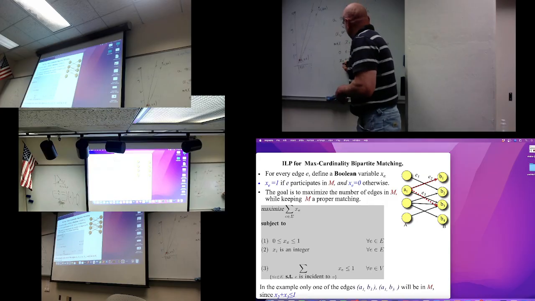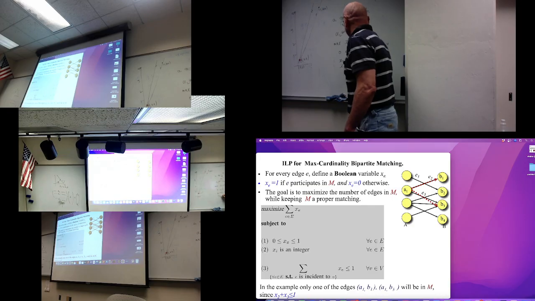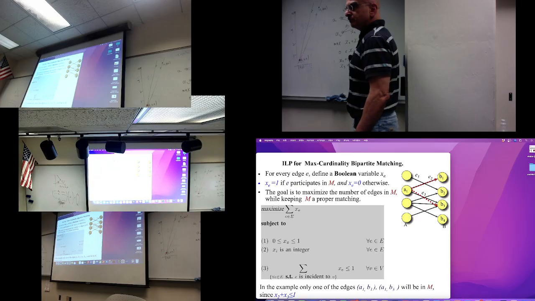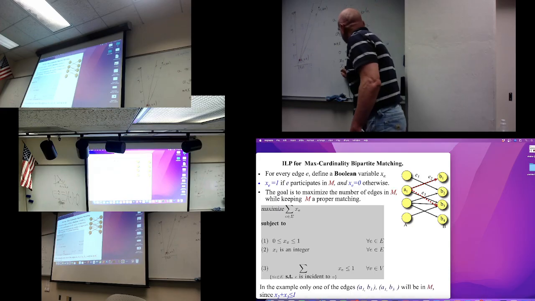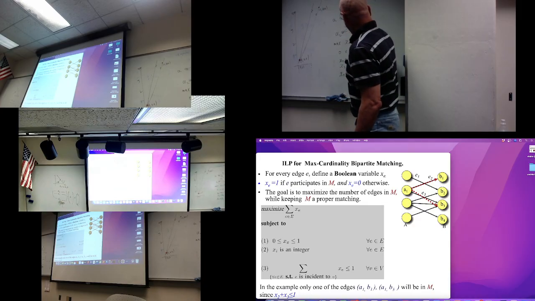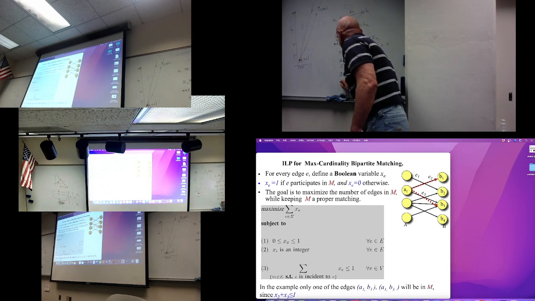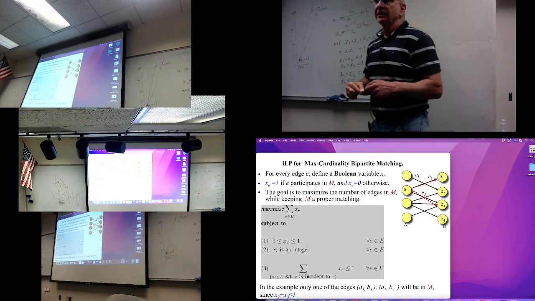And similarly for A2, connected to x3 plus x4, smaller or equal to 1. I'm good with the A's. Now for the B's. For B1, x1 plus x3 is smaller or equal to 1. And for B2, x2 plus x4 is smaller or equal to 1.